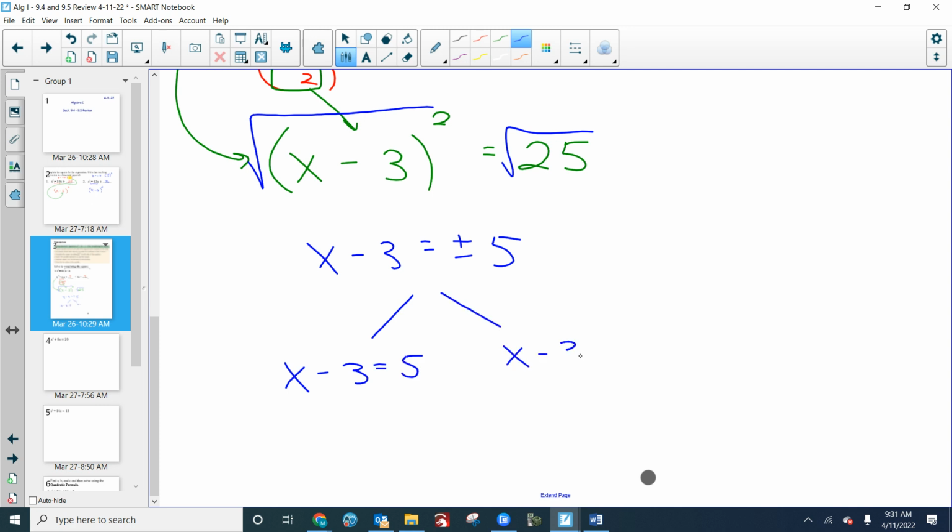X minus 3 equals negative 5. Add 3. Did you get x equals 8 and x equals negative 2? Two answers. That's called completing the square.